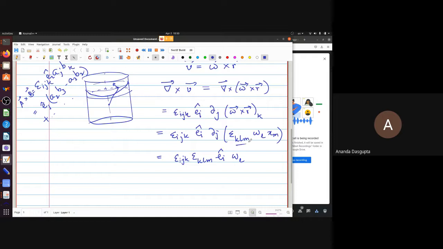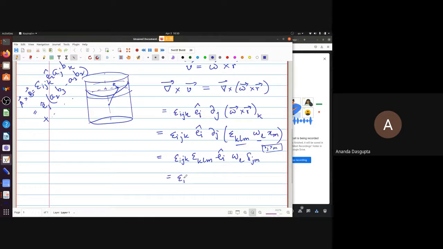All of these are constants independent of x, so they move out. And how much is del_j acting on x_m? It will be delta jm. And now what I can do is sum up over m trivially using this delta.